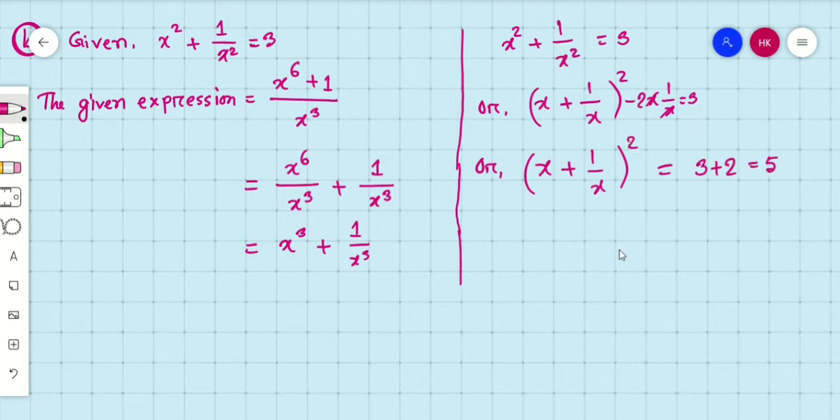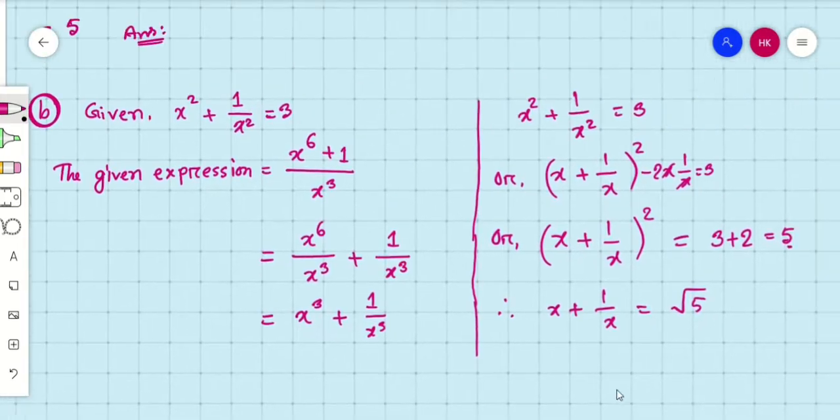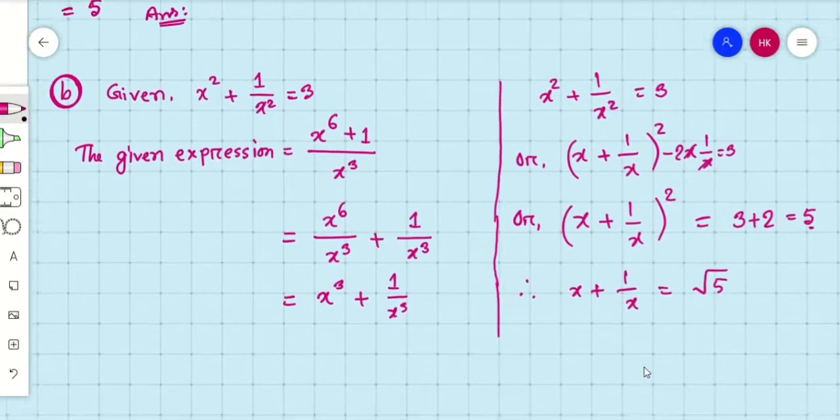There is a square, so x plus 1 by x is equal to root over 5. So from the given expression we can find x plus 1 by x is equal to root over 5.